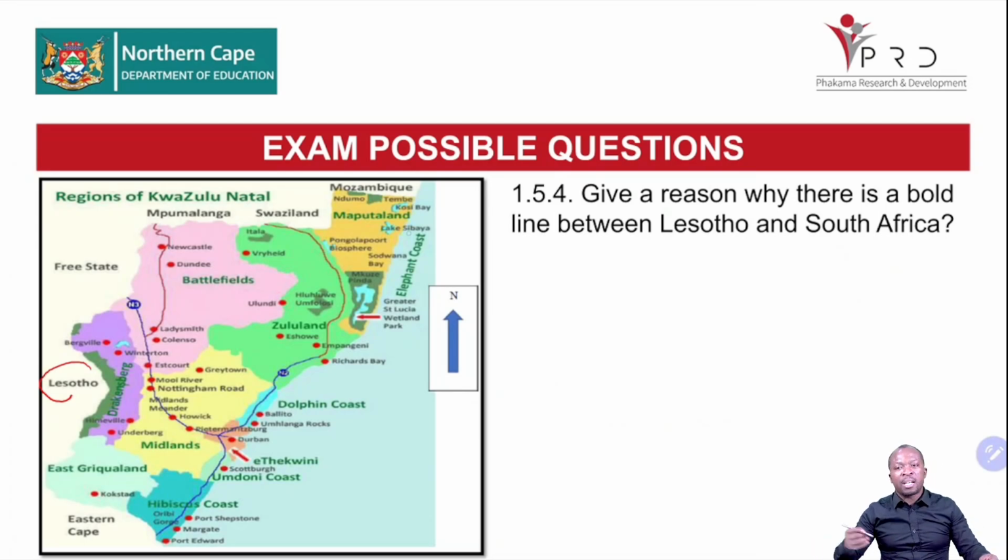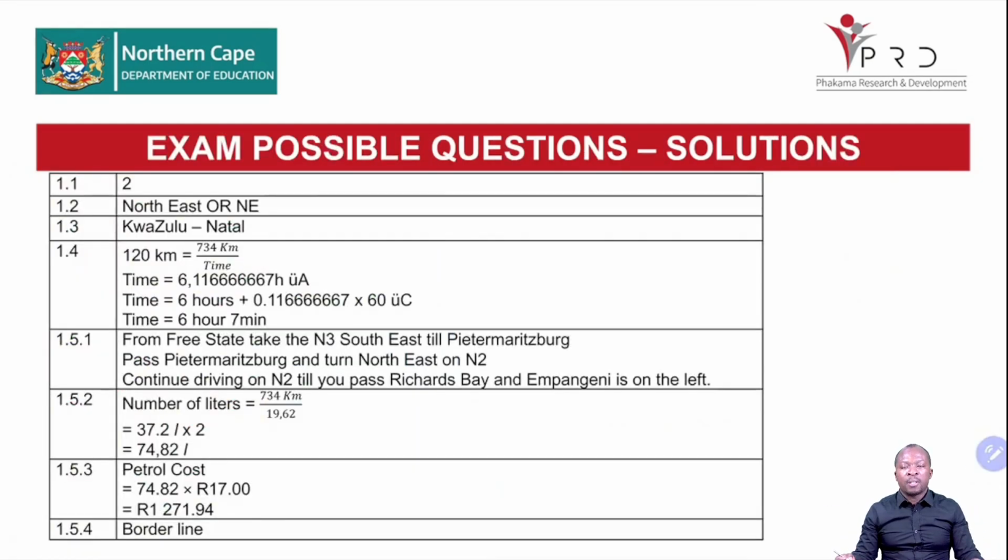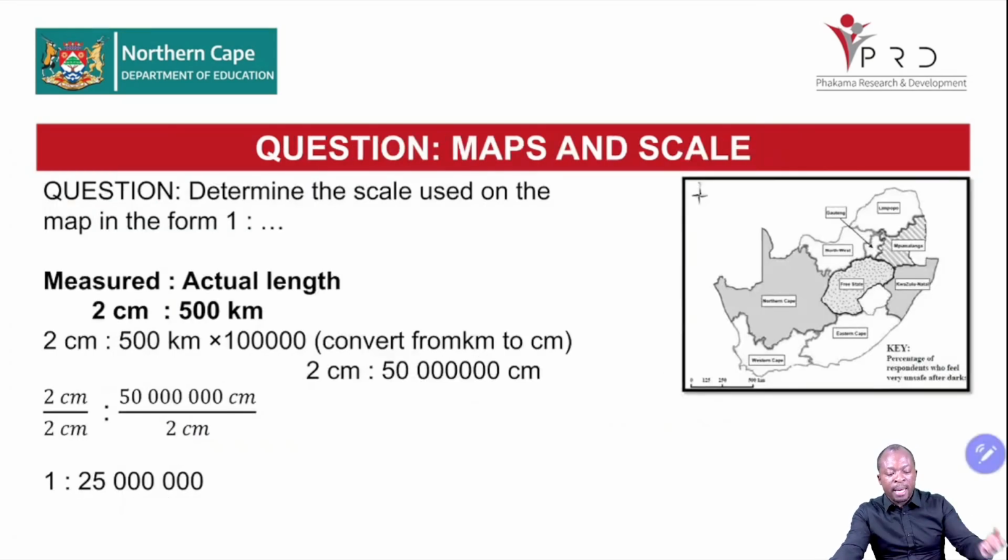Lesotho is a country, South Africa is a country. So the bold line represents a boundary between the two countries. So all the answers to the questions that I was asking you here, I've already added there to help you so that as you work, you will be able to go back and forth to see what you're talking about.